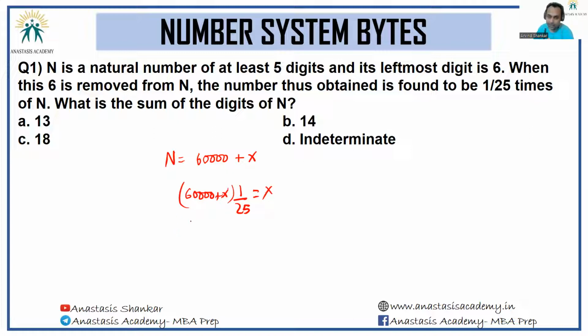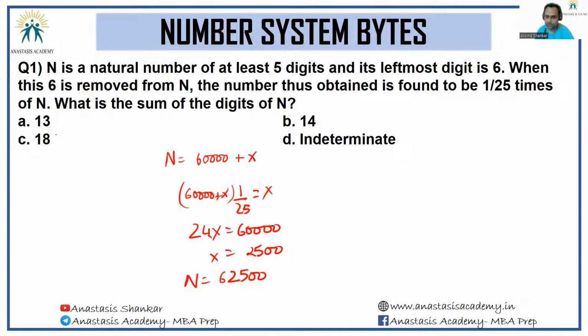So if I multiply this, I will get 24x is equal to 60,000, or x is equal to 2,500, which gives me n is equal to 62500. Okay. But I cannot mark my answer as 13 straight away, 6 plus 2 plus 5.